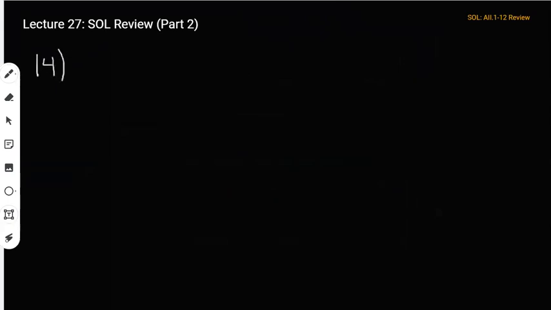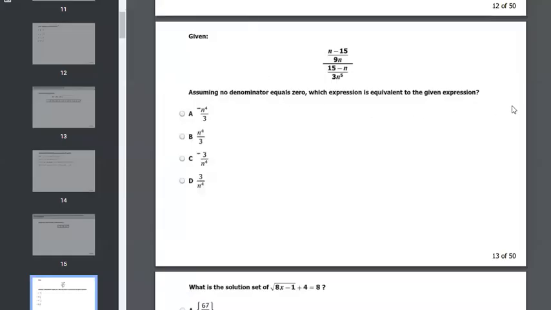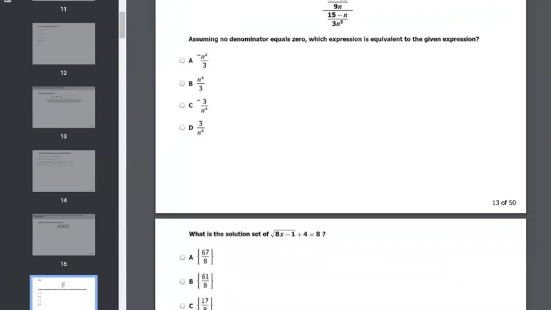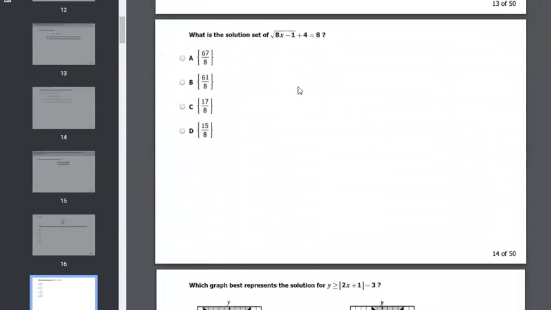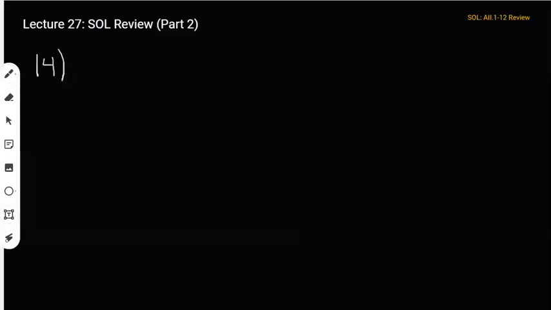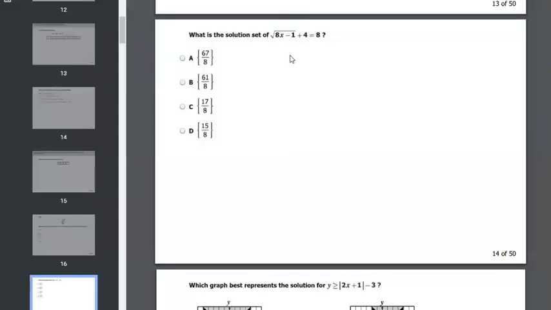All right, let's try 14. This one gives me a radical equation. It has a square root of 8x minus 1 plus 4 equals 8.